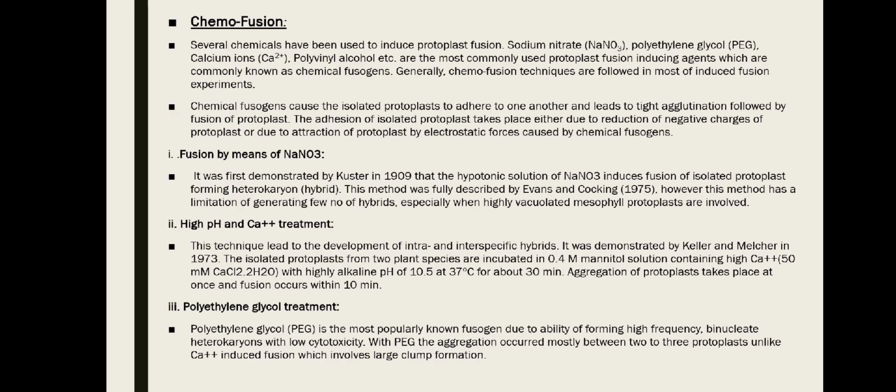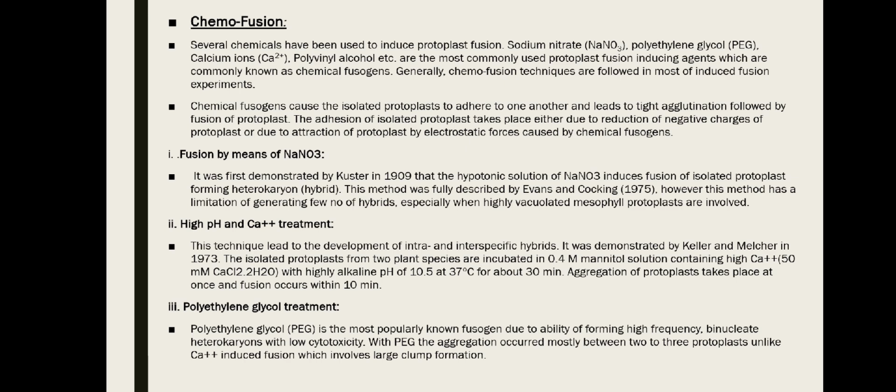Chemofusion. Several chemicals have been used to induce protoplast fusion, called chemofusion. Sodium nitrate, NaNO3, polyethylene glycol, PEG, calcium ions, Ca2+, polyvinyl alcohol, etc. are the most commonly used protoplast fusion-inducing agents, commonly known as chemical fusogens.